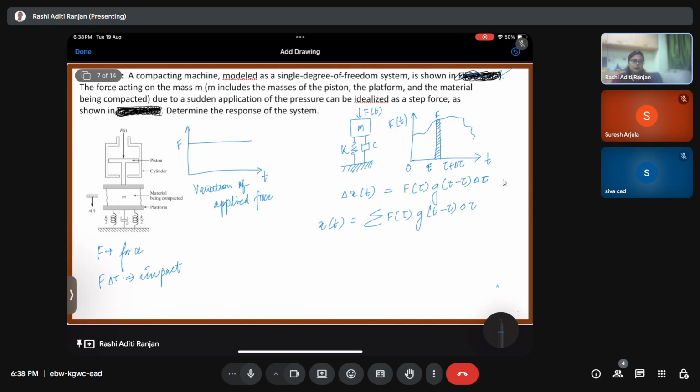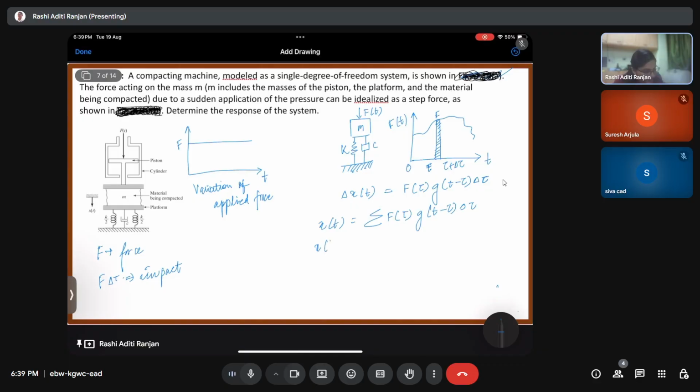Right? This is going to be the solution. But over here, I'm considering some discrete parts and a discrete integration. But what if I want to convert it into a continuous integration? Then I'll change the summation to an integral.